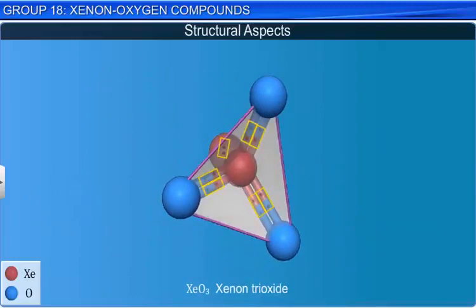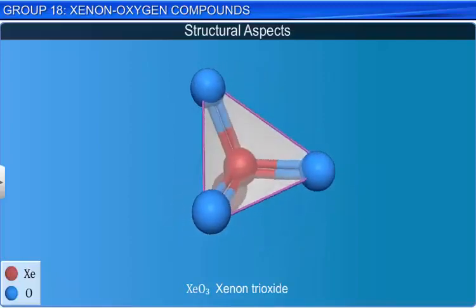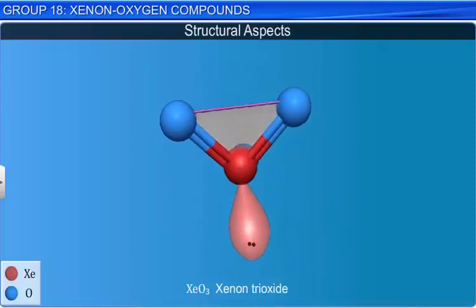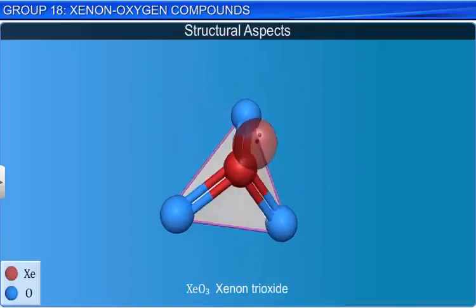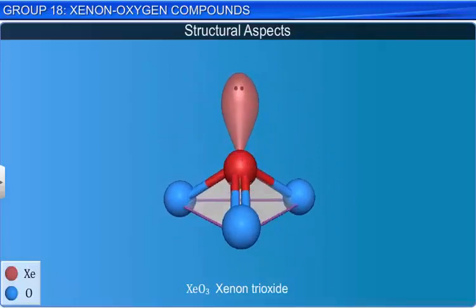Of these, 6 are bond pairs and 1 is a lone pair. Note that there are 3 dπ-pπ bonds in the molecule. The structure of xenon trioxide is pyramidal, owing to the presence of a lone pair of electrons on the central xenon atom, as shown here.